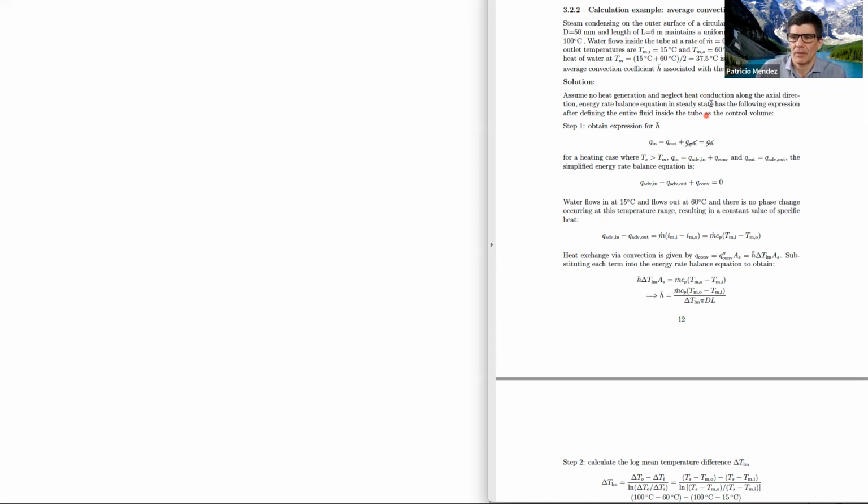So the surface of the tube is at 100 degrees C. And you can ask me, is it the inner surface or the outer surface?